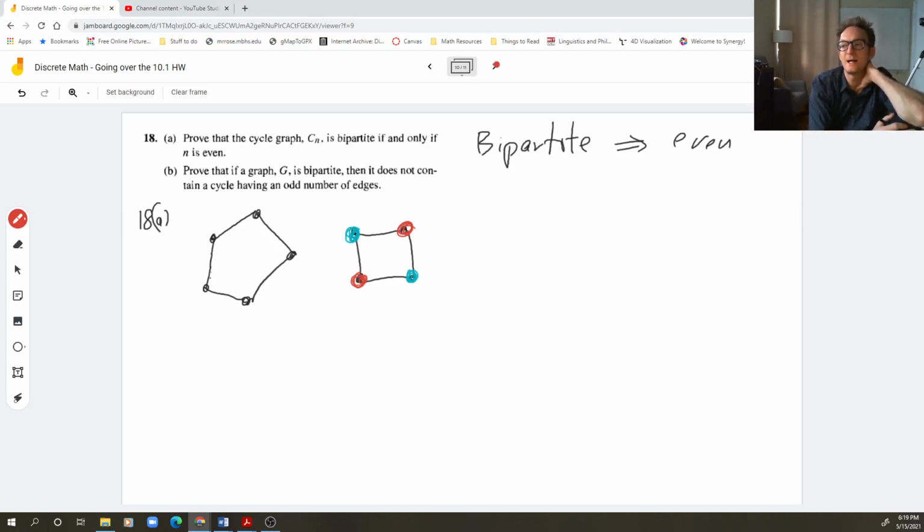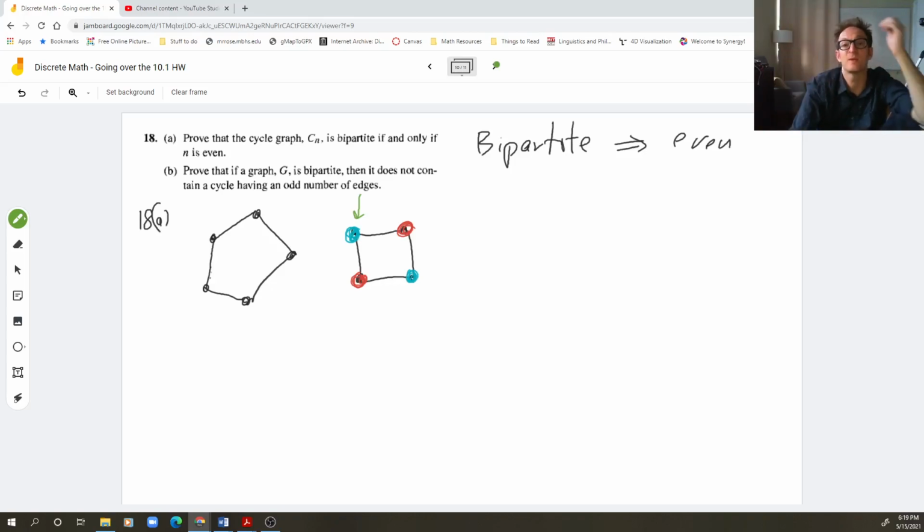How? Well, suppose it's odd. If it's odd and it's bipartite, then you begin with one vertex and you put it in one set of the bipartition.